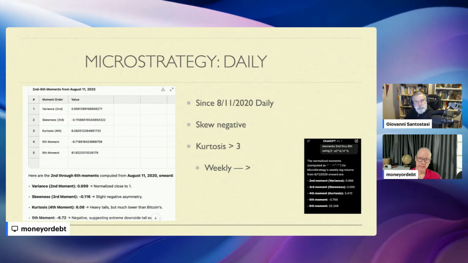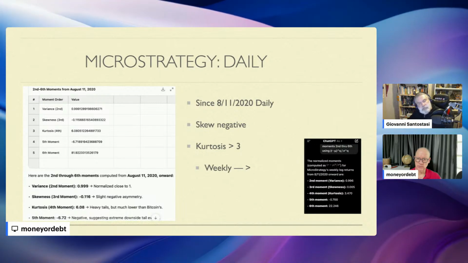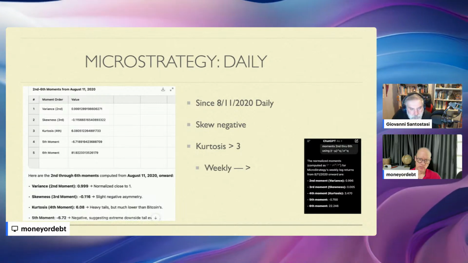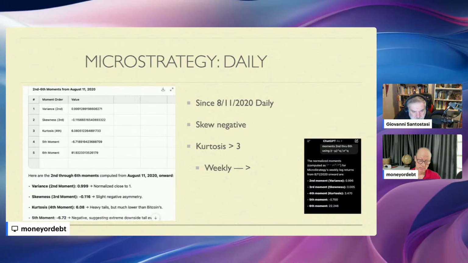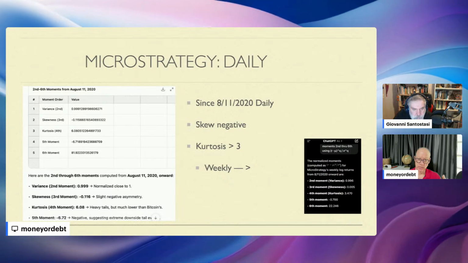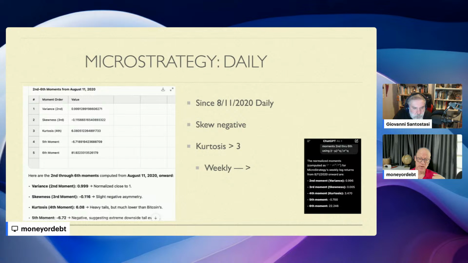These are the daily. This is just the daily since August 2020 when the Bitcoin strategy was adopted. And we have skewness slightly negative at minus 0.1. We have kurtosis, fairly heavy tails at 6, but lower than Bitcoin's. And the fifth moment is quite negative, minus 6.7.